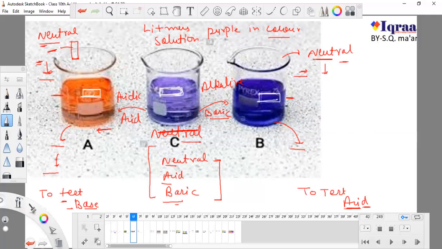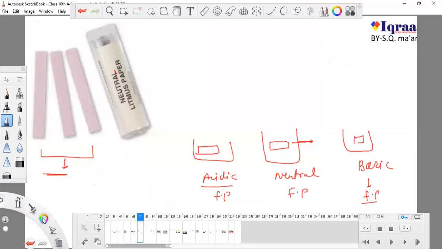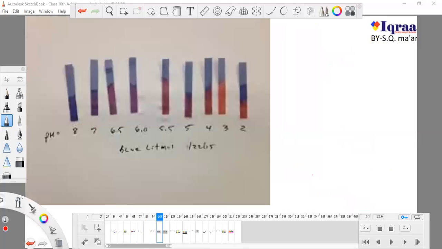Okay, so in the market all three types of filter papers are available, but this is neutral filter paper. By the help of neutral filter paper, we can get different tests. And they are showing different colors.